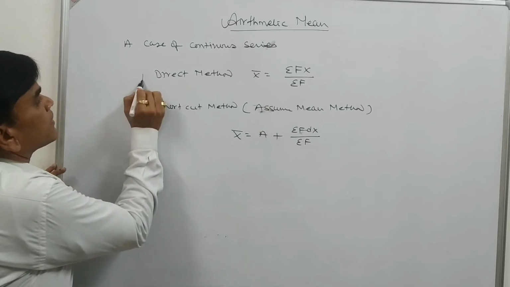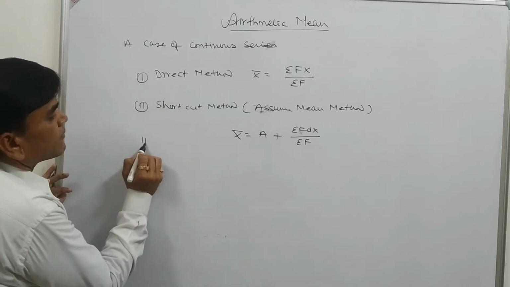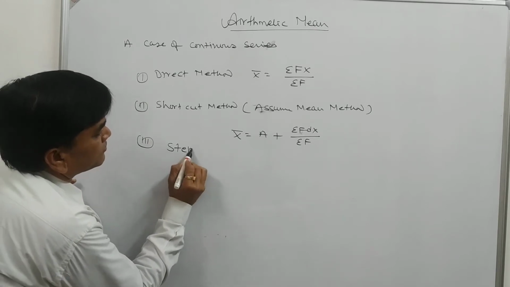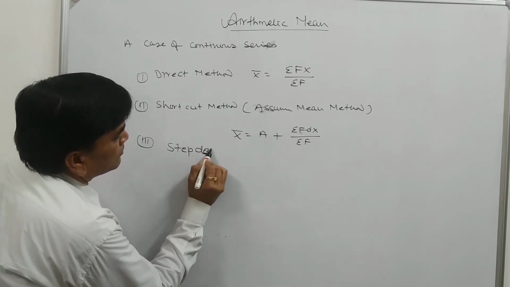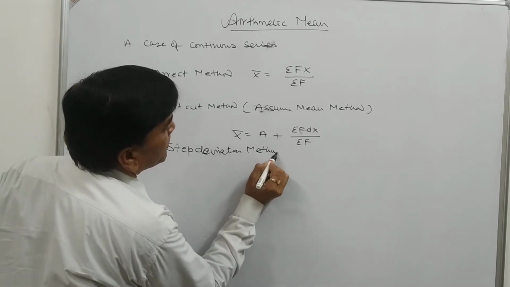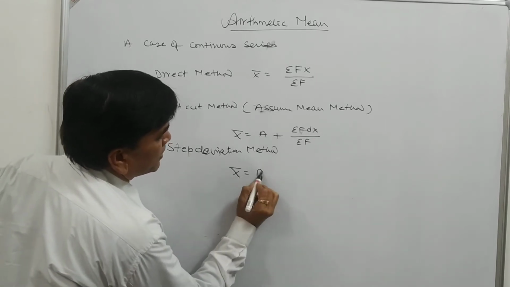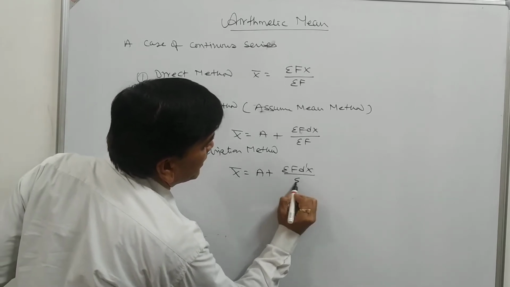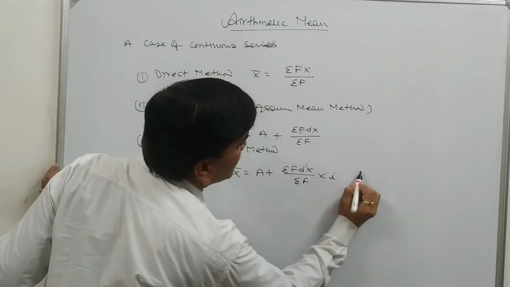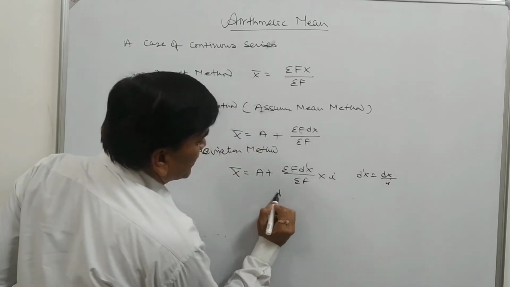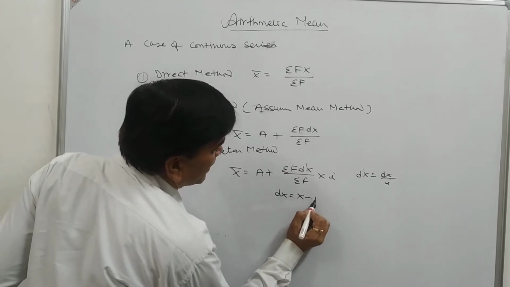And the second shortcut method, the third method overall, is called the step deviation method. In the step deviation method, x bar is equal to assumed mean plus sigma f d dash x divided by sigma f, multiplied by i, where d dash x is equal to dx divided by i, and dx is equal to x minus a.